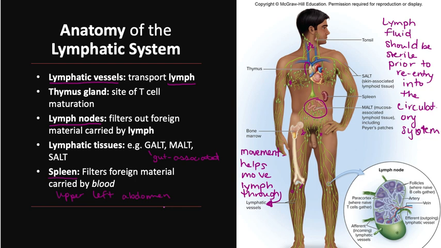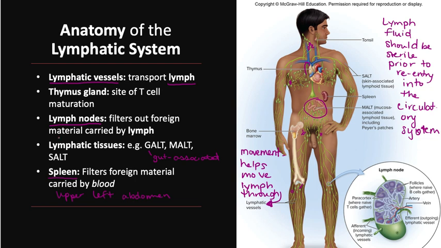And so the bloodstream can carry pathogens if they haven't been cleared by the lymphatic system. So for example, if you have mononucleosis, you'll have an enlarged spleen. And so one thing doctors will look for to diagnose mono would be that enlarged spleen. And so the spleen is similar to the lymph nodes, except instead of filtering out pathogens from the lymphatic fluid, the spleen will filter out pathogens from the bloodstream.